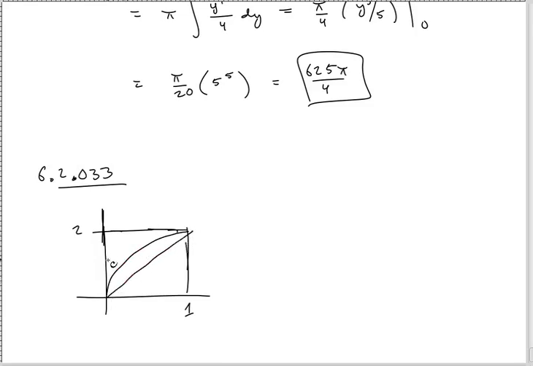Okay. And they want this area here, and they say that this curve is 2 times the 4th root of x. Of course. I mean, that's what you were thinking, right? So they say find the volume as you revolve it around this line here. And they're not going to make it so easy as x and y.